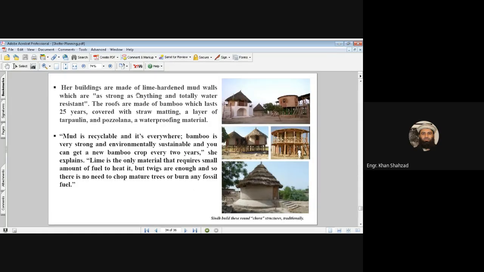Her buildings are made of lime-hardened mud walls which are as strong as anything and totally water resistant. The roofs are made of bamboo which lasts 25 years, covered with straw matting, a layer of tarpaulin and pozzolana, a waterproofing material.